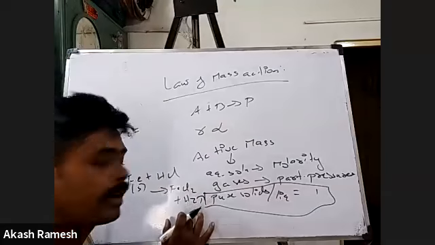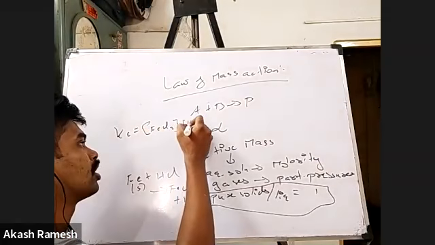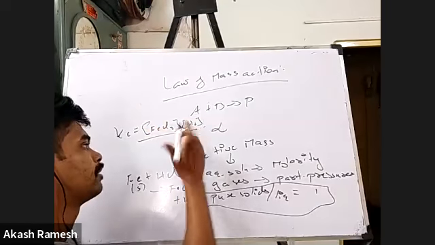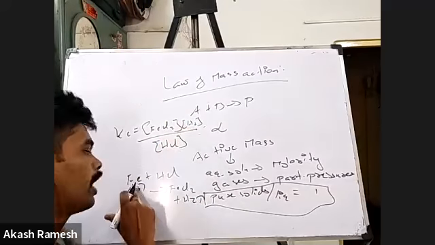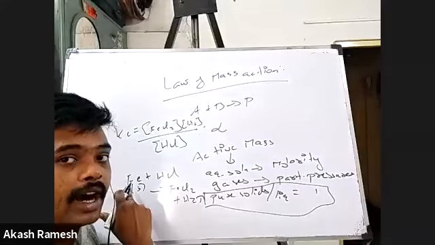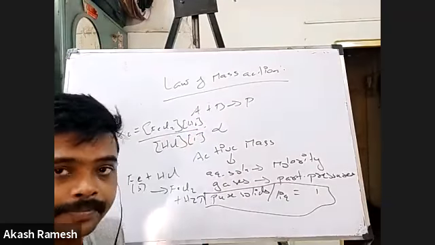It will be generally products by reactants. The products would be FeCl2 plus hydrogen gas evolved. So it will be concentration of FeCl2 into concentration of H2 divided by concentration of HCl. Now I have one more reactant, that is iron, but it is in solid form. So in place of that I put 1.